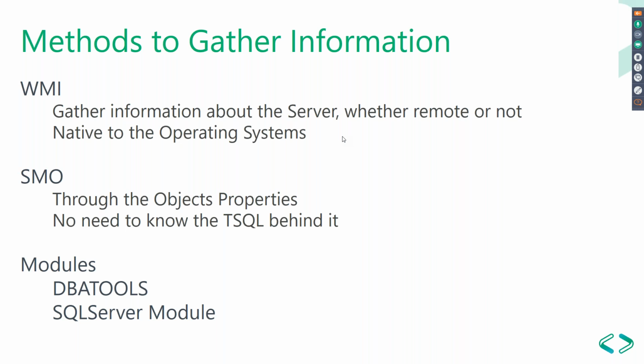SMO is the big one we're going to use today. The reason mainly is because the object has properties and SMO will generate the T-SQL I need for the instance and the version of SQL that it's talking to. So I don't need to worry about what the T-SQL is behind it. The thing I didn't put on the slide is you can use T-SQL, if you're a good query writer and you know a lot of the DMVs. A lot of the DMVs are not represented in SMO, because that's not a property.